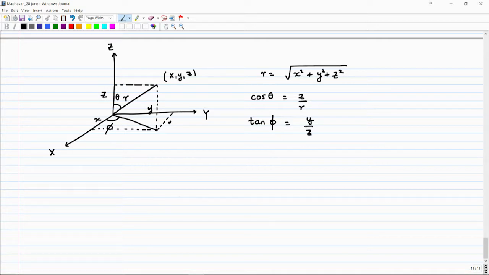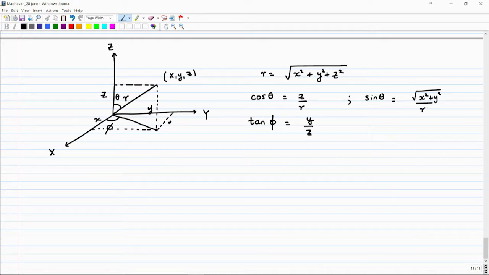Further, you can see a few more things. What is sine of theta? Sine of theta is basically this projection, and that is equal to square root of x square plus y square divided by r.